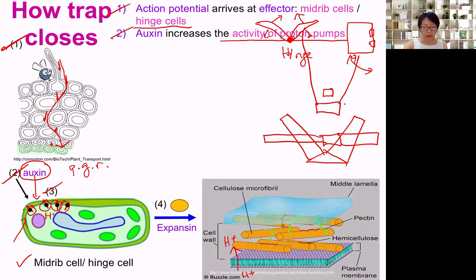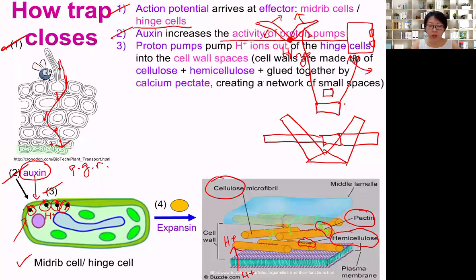The orangey rod shape is the cellulose, then hemicellulose, the smaller black chain-like structure, and then pectin, the green structure. Hemicellulose and pectin will hold all the cellulose together. So there are a lot of spaces in the cell wall, and proton ions are being pumped into the spaces in the cell wall.